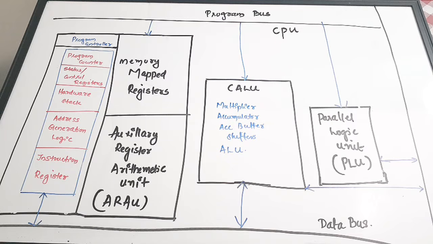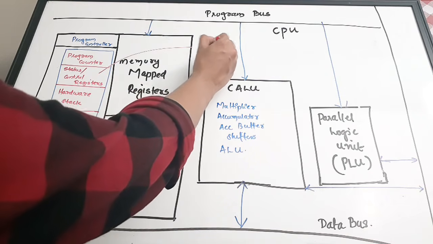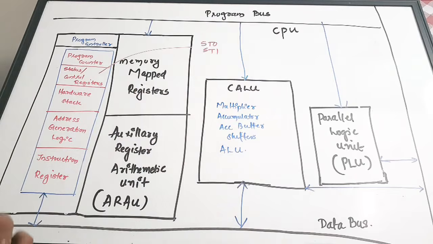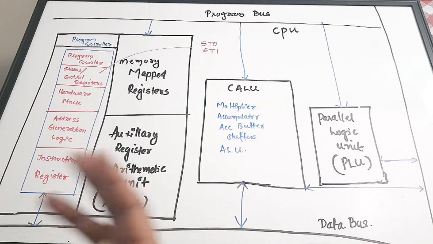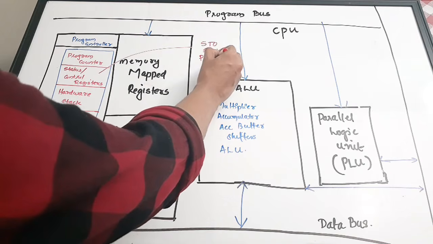The second element is the status and control registers. Let us see what status and control registers are present. There are 16-bit status registers, ST0 and ST1. Then there is the processor mode status register, which is PMST.